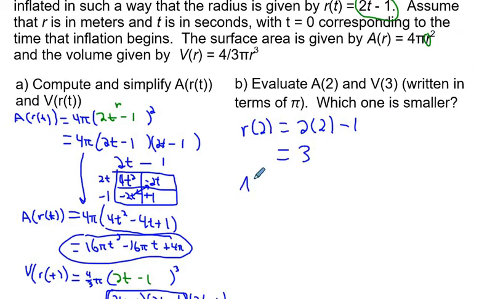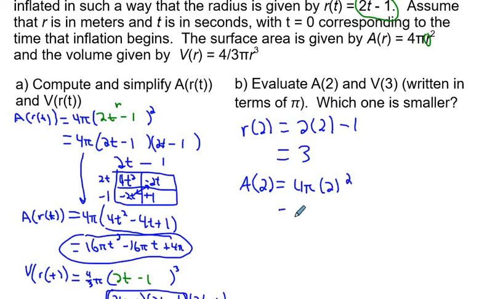So a of 2, remember, you're doing word problems, so you have to pay very close attention. The 2 has to go into here, and then that would go into there. So that would be 4 pi, and then times 2 squared.